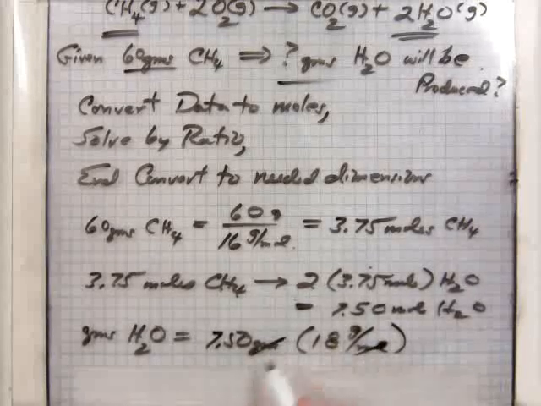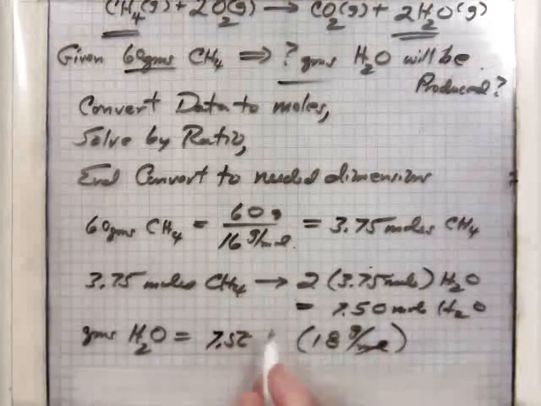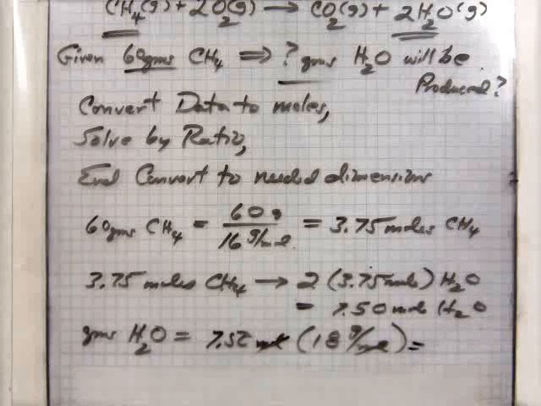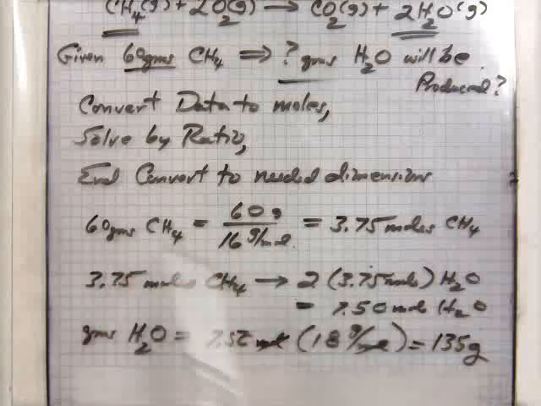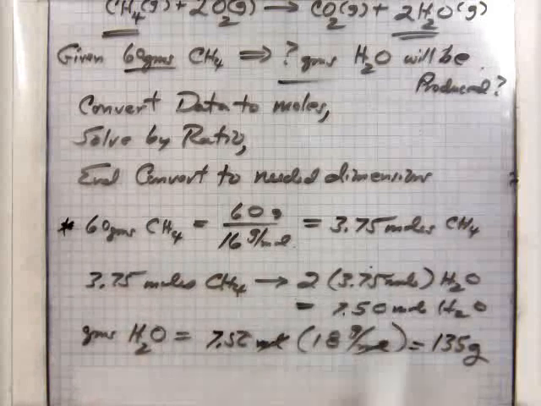Moles cancel, okay, so that's 135 grams of water vapor generated. So that shows you how we start these. Convert to moles, solve by ratio, and then convert back to whatever dimension you need.